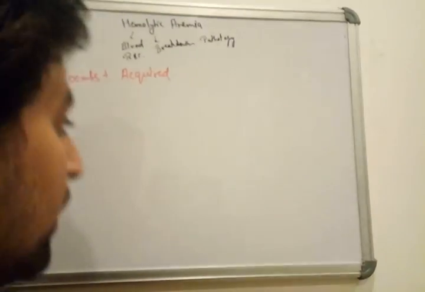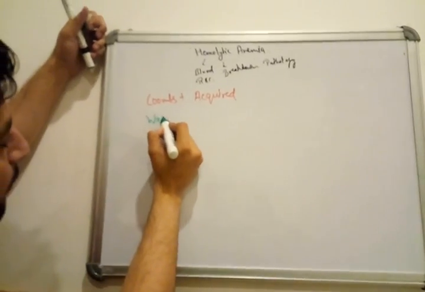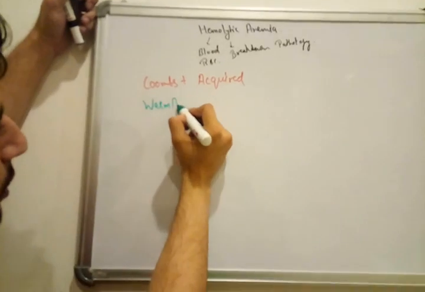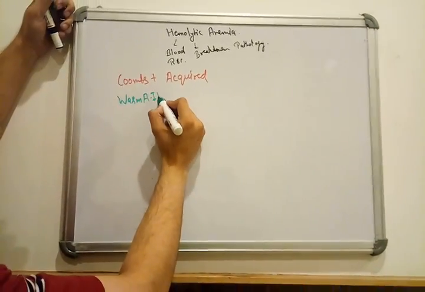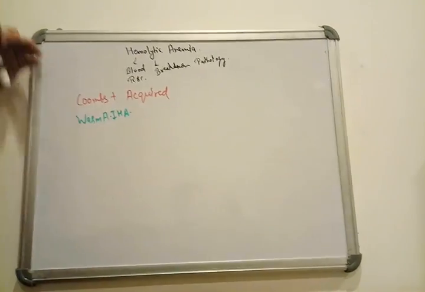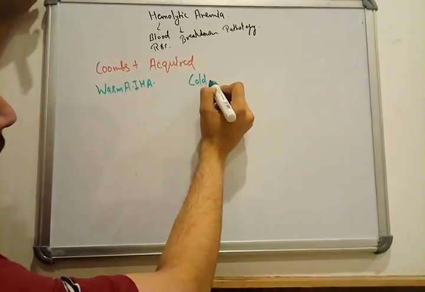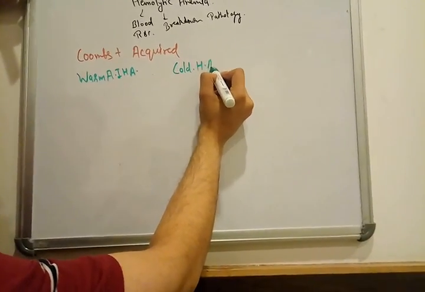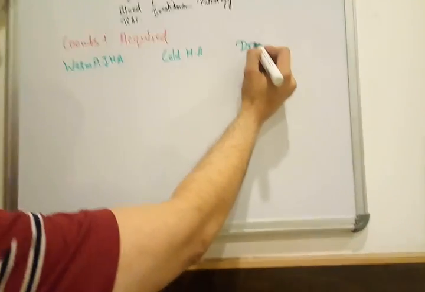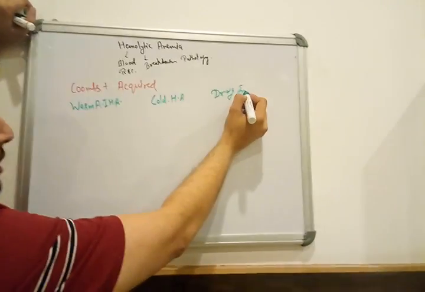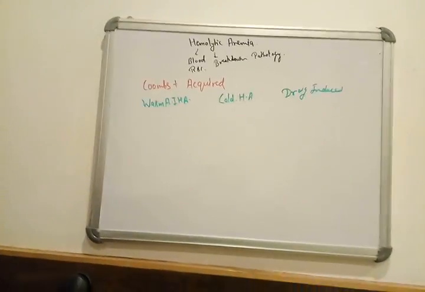Now see what kind they are: warm autoimmune hemolytic anemia, then cold autoimmune hemolytic anemia, then drug induced. These all three come under Coombs positive acquired hemolytic anemias.